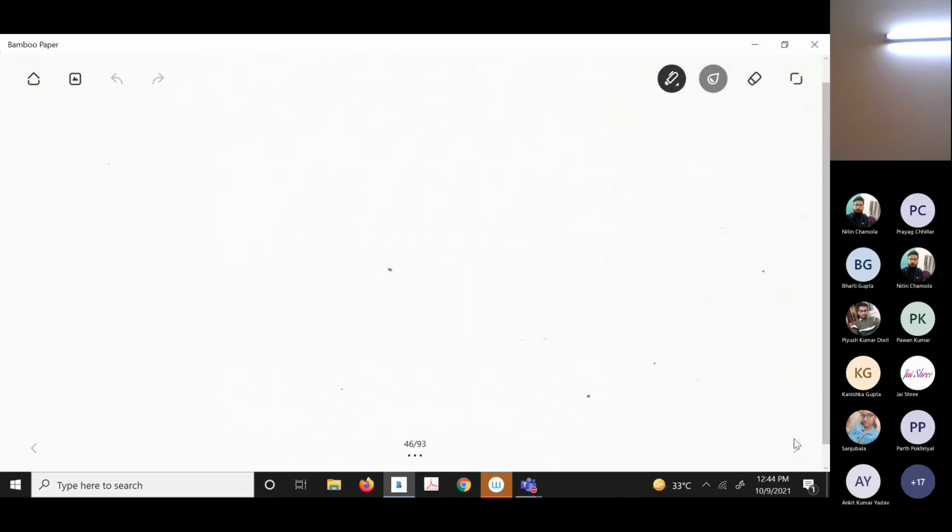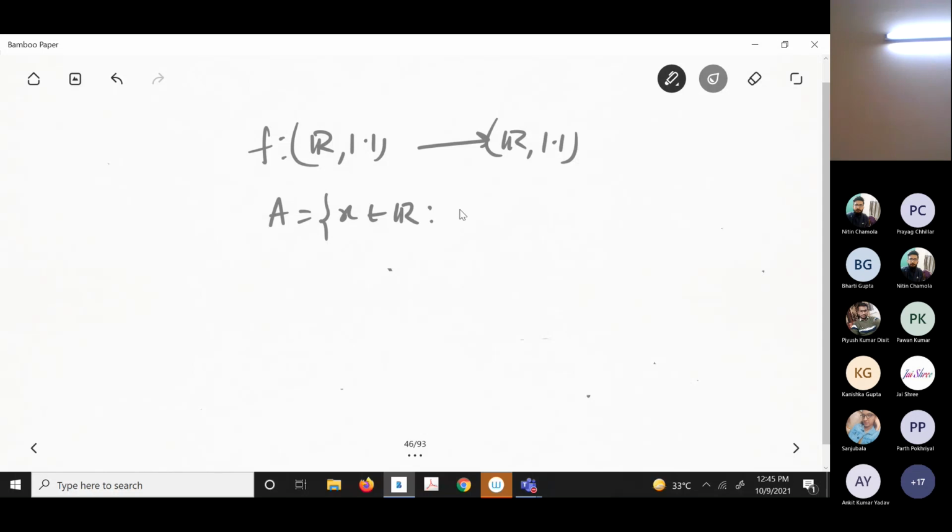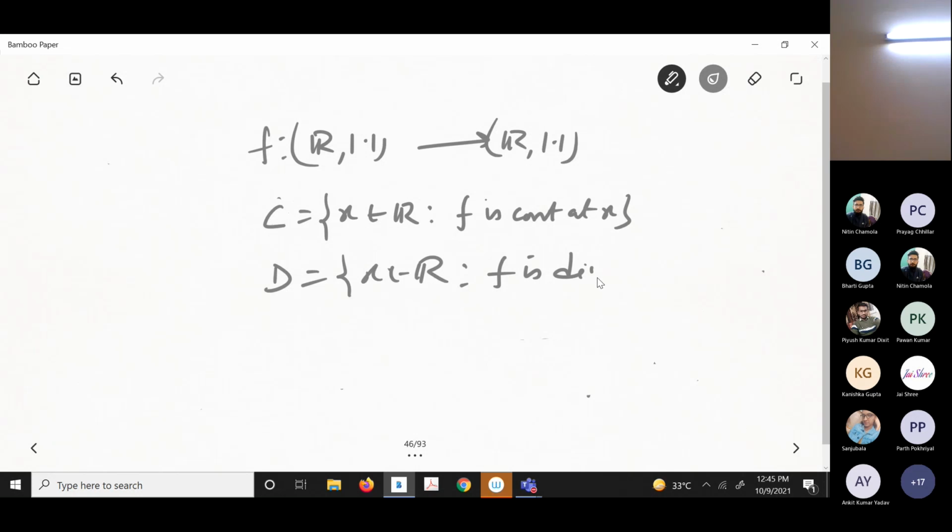Later on I'll prove that suppose you take a function from R to R, any function. The funny thing is you have two sets. C is the set of x belonging to R such that f is continuous at x, and D is the set of x belonging to R such that f is discontinuous at x.